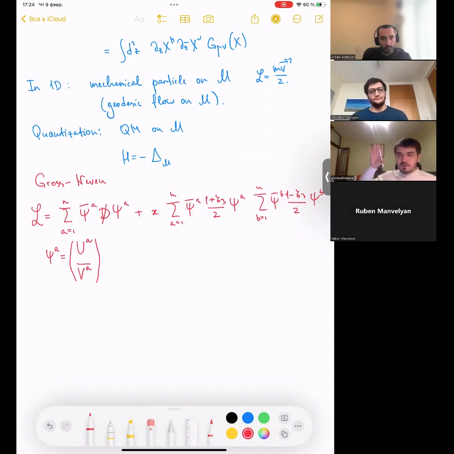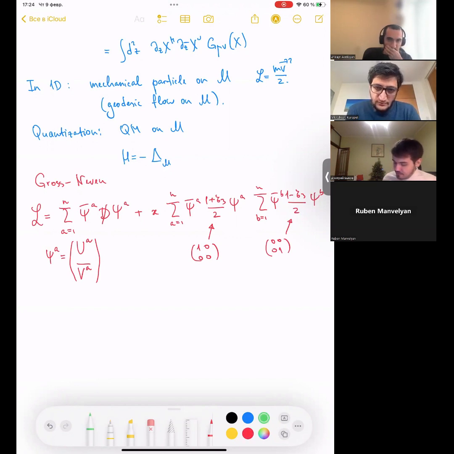So psi is a column vector with 2 components, U and V bar, and psi bar is just the Hermitian conjugate. 1 plus sigma 3, these are just projectors of the type 1, 0, 0, 0, and 0, 0, 0, 1.